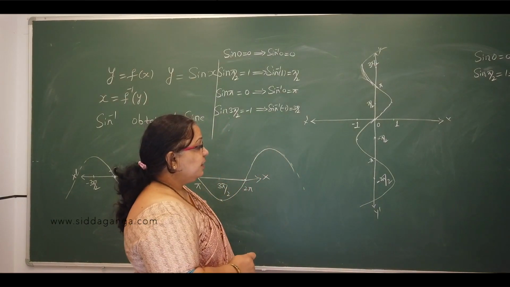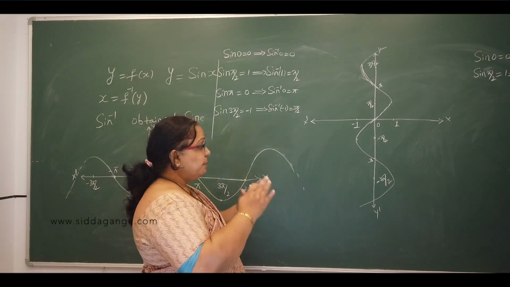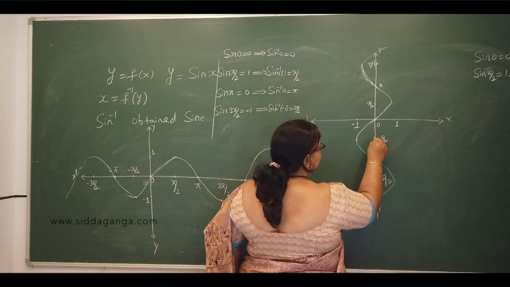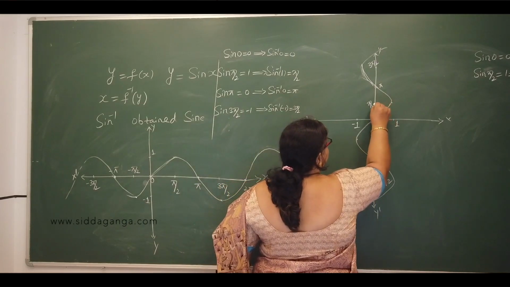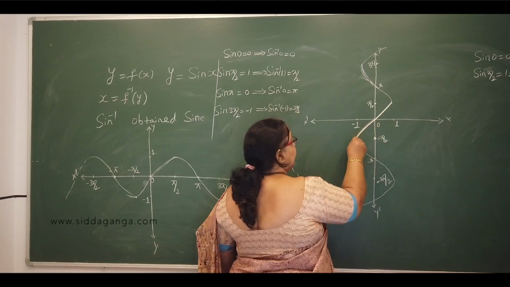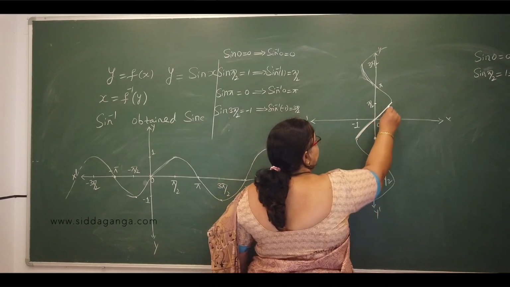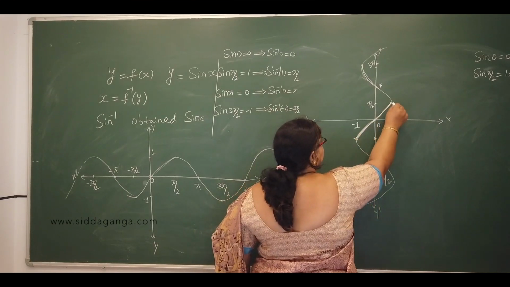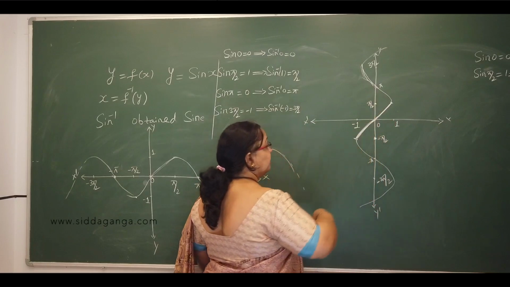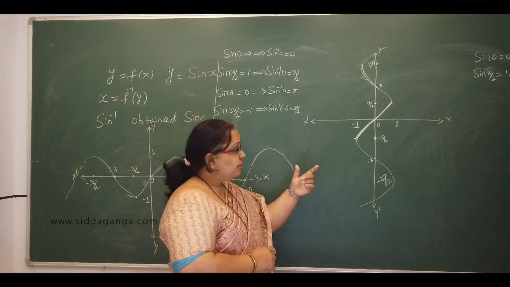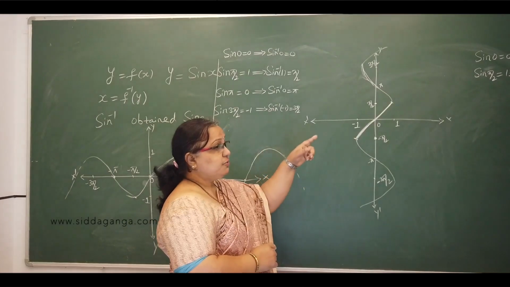In the closed interval, the principal value branch range is nothing but minus pi by 2 to plus pi by 2. That is this part of the graph. You darken that part. The shaded or darkened line represents the principal value branch range of the sine inverse function.